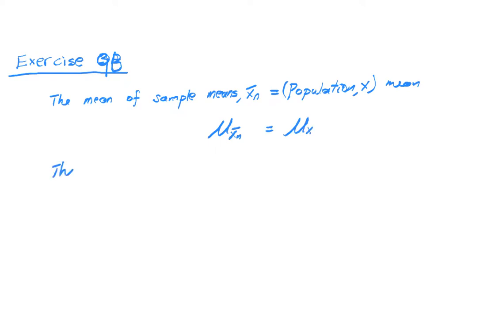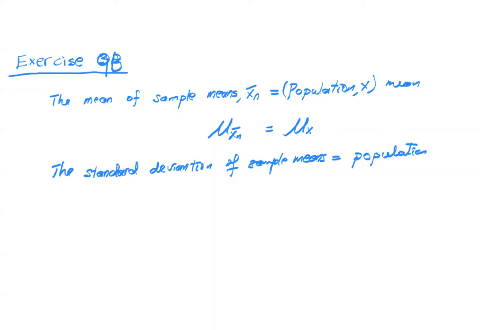The standard deviation of the sample mean. Your variable is the sample mean. It is equal to the population standard deviation divided by the square root of the sample size. Why divide?